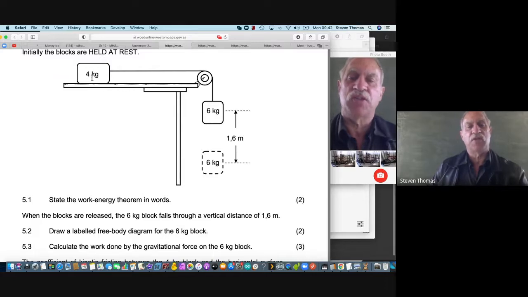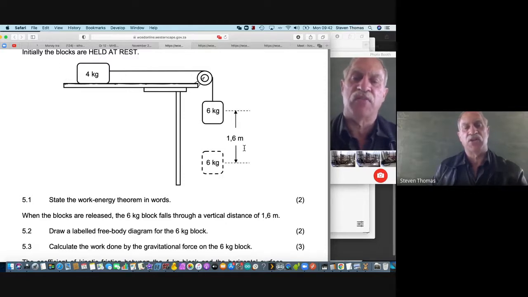So if we take the friction, which is mu normal, that's the force, 0.4 times 4 times 9.8, and we multiply that by the distance. So we work out the frictional force times 1.6. We take that as negative energy. This is positive energy.